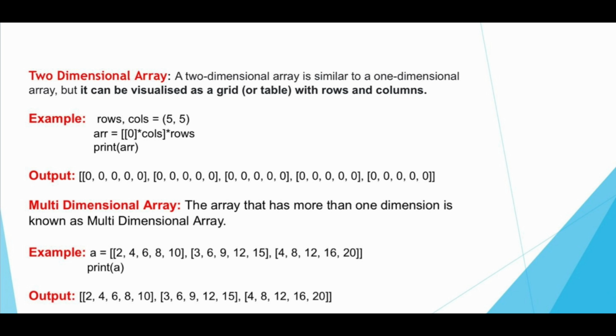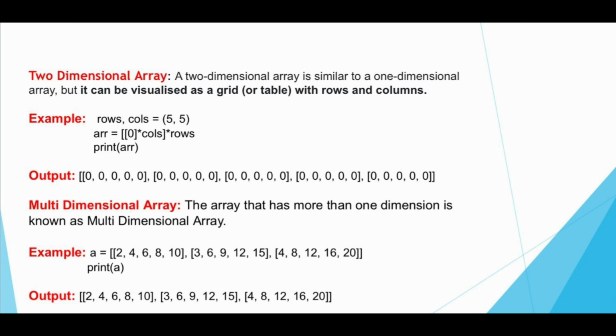For example, we are giving rows equal to 5 and columns equal to 5, and for the array, we are giving the array name ARR and entering the element 0. So print ARR, then the output will be like this. Hence this is the two-dimensional array.